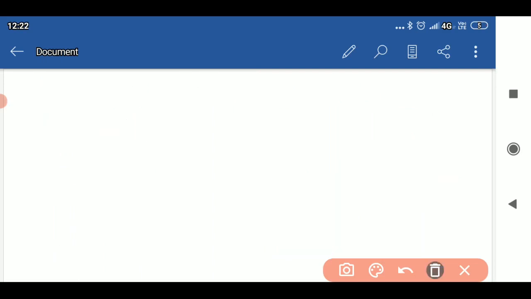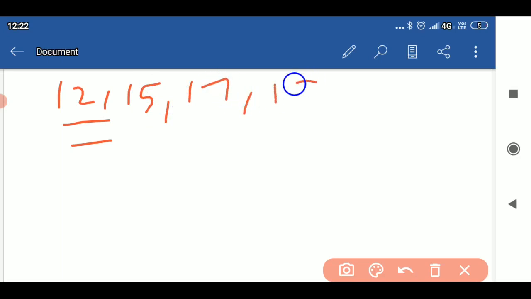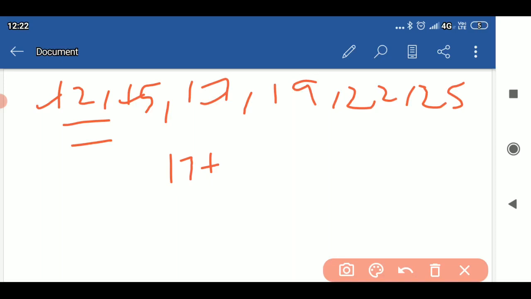Now what is our data: 12, 15, 17, 19, 22 and 25. What is our third position data value? 1, 2, 3, 17, right? 17. And next is the fourth value, 1, 2, 3, 4, 19.